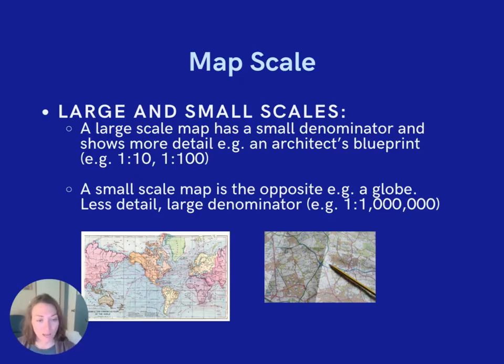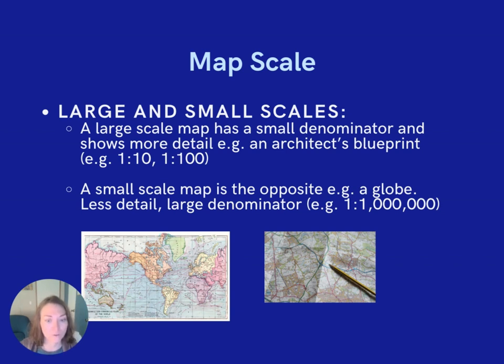Looking at map scale, you're going to have large and small scale maps. A large scale map has a small denominator and shows more detail, like 1 to 10, 1 to 100. A small scale map is the opposite. Think a world map, like a globe, less detail, large denominator.